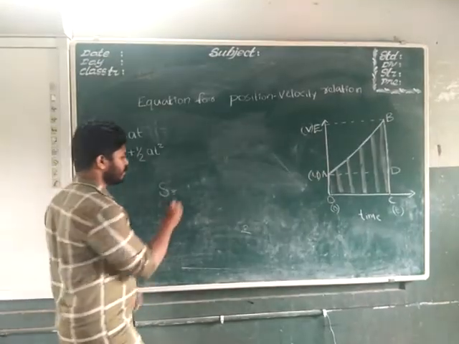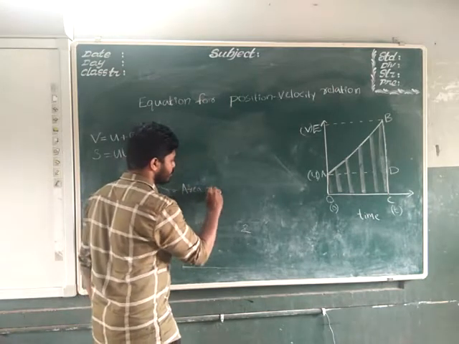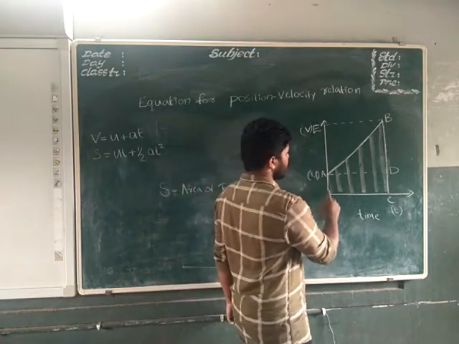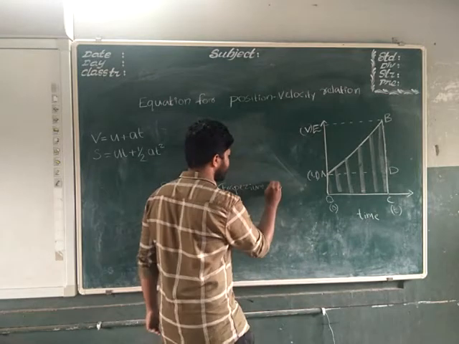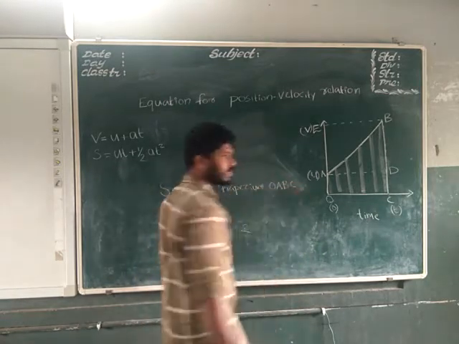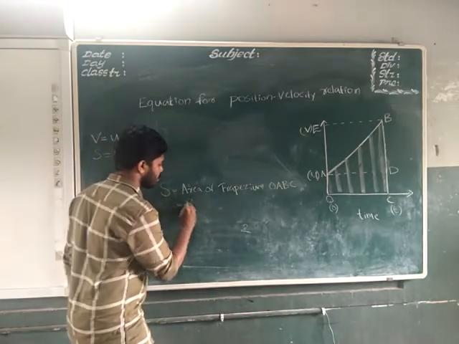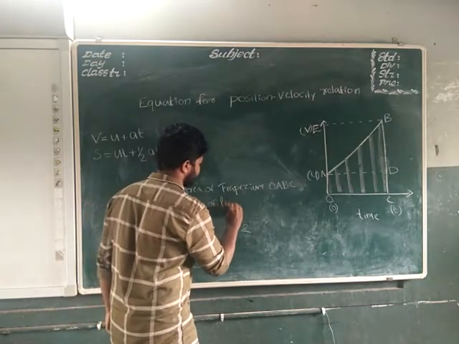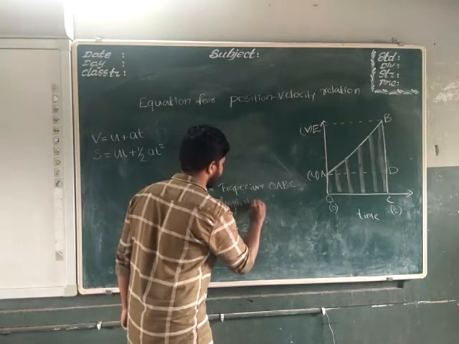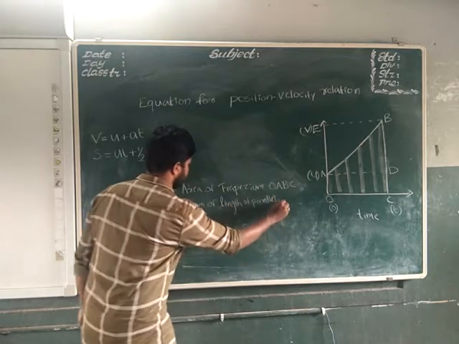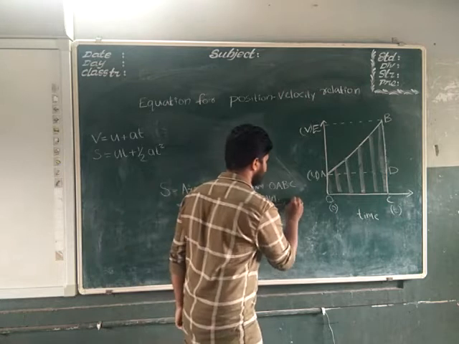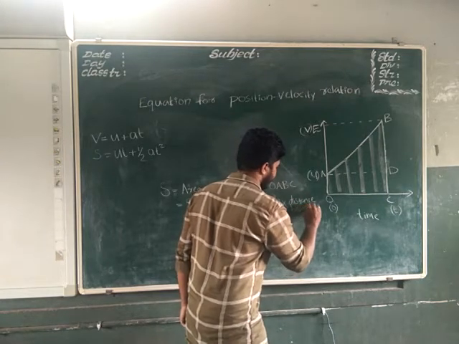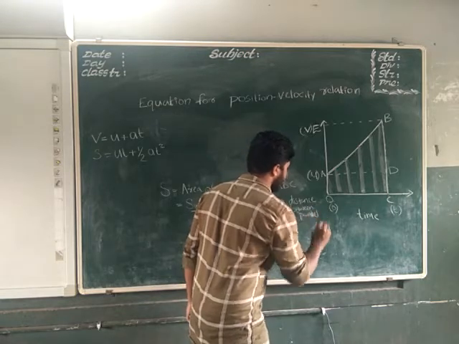S equal to area of trapezium OABC, and the equation is sum of length of parallels divided by 2 into distance between parallels.